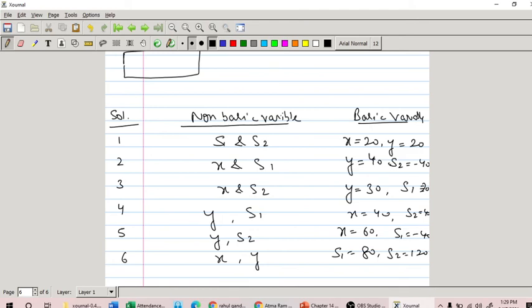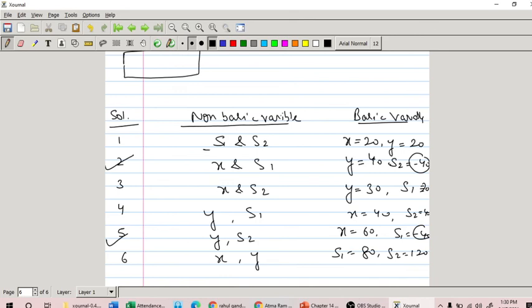Now, we find that point 2 has a negative value and the fifth solution also has a negative. So, we are going to remove these, they cannot be feasible solutions, and the rest of the points are your feasible solutions to the linear programming.